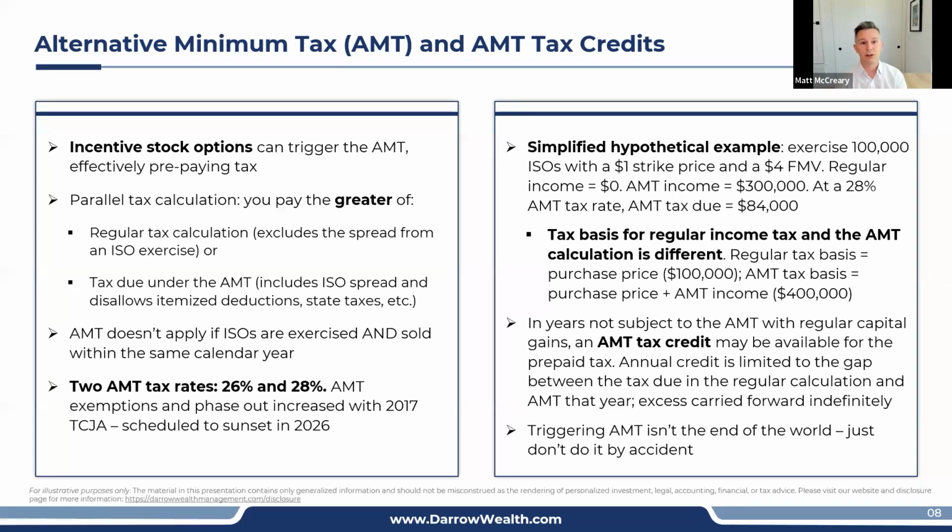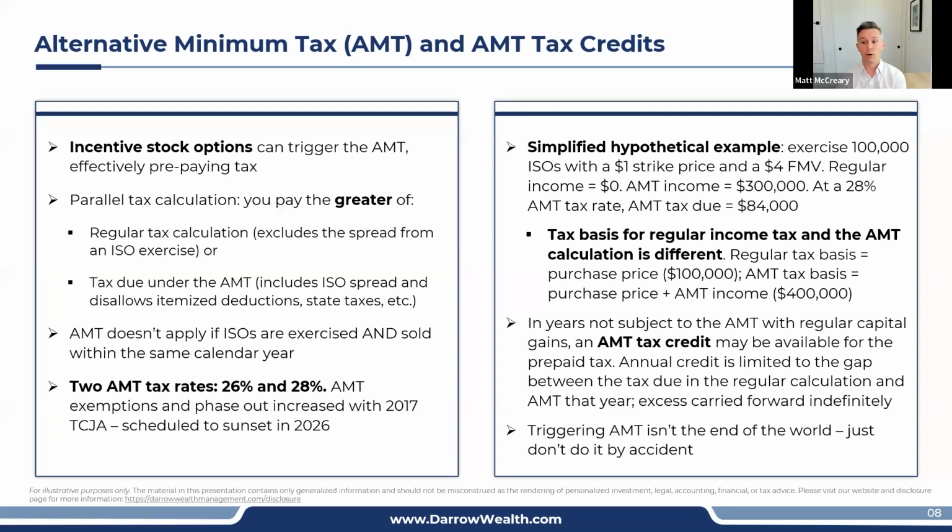This will lead to differences in how realized gains are calculated in the future for regular income tax calculation and your AMT calculation. This gets really complex, and that's why you'll want to make sure you're working with a tax specialist to ensure you're calculating AMT correctly, but also using those credits correctly for future years. So this is something that isn't just a one and done. You will want to make sure you're using those credits correctly in the future.